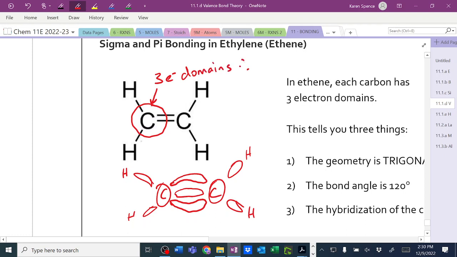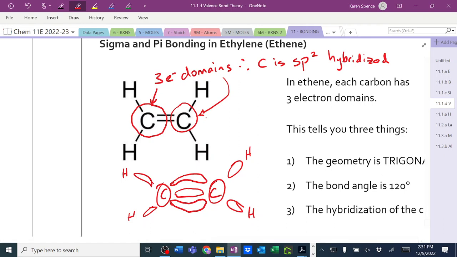Therefore, what is the hybridization of that carbon? It's sp2 hybridized. And the other carbon also has 3 electron domains, so the other carbon is also sp2 hybridized.